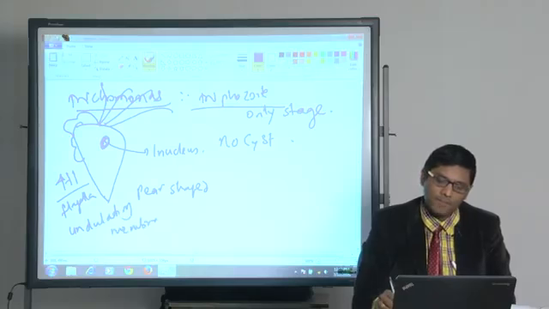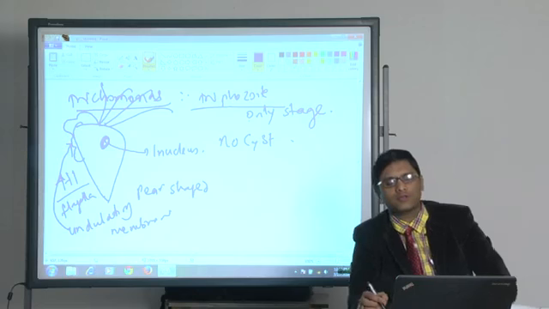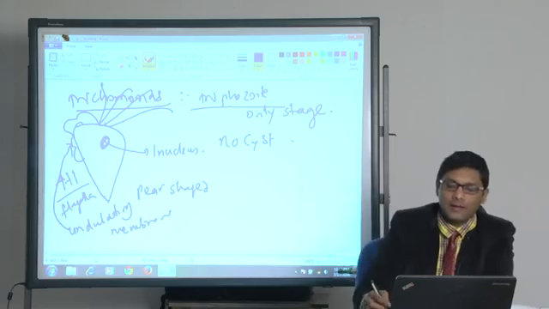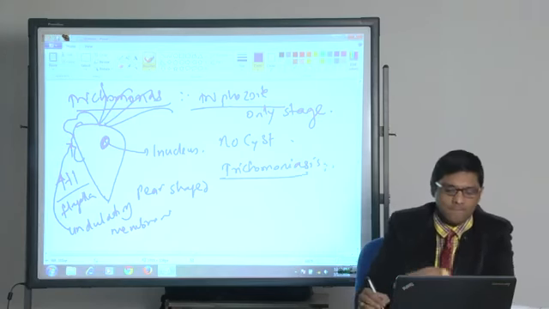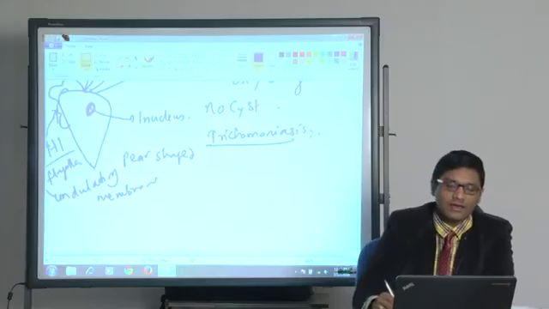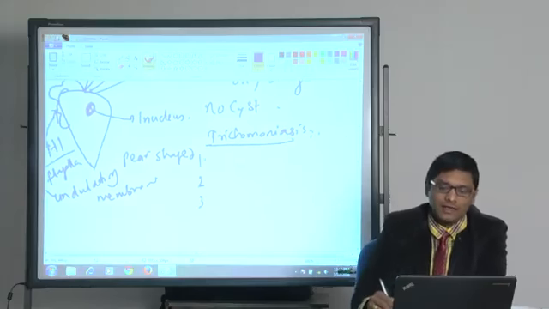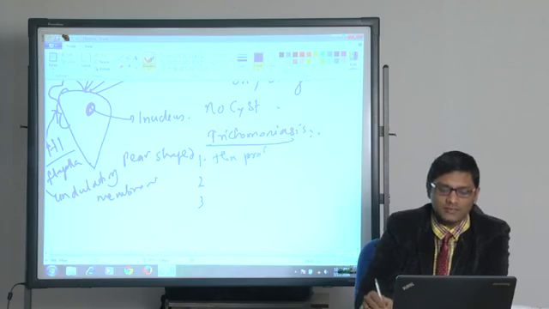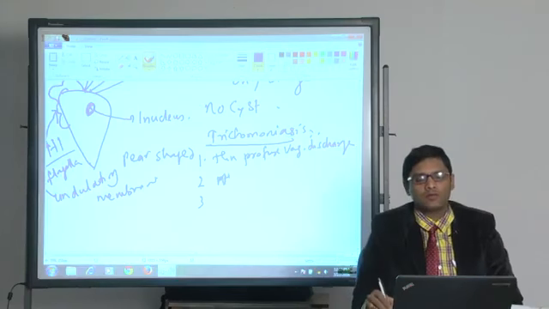Undulating membrane. Okay, so this is how the Trichomonas trophozoite appears, and trichomoniasis is characterized by 4 important features. Again, thin profuse vaginal discharge, pH of more than 4.5.